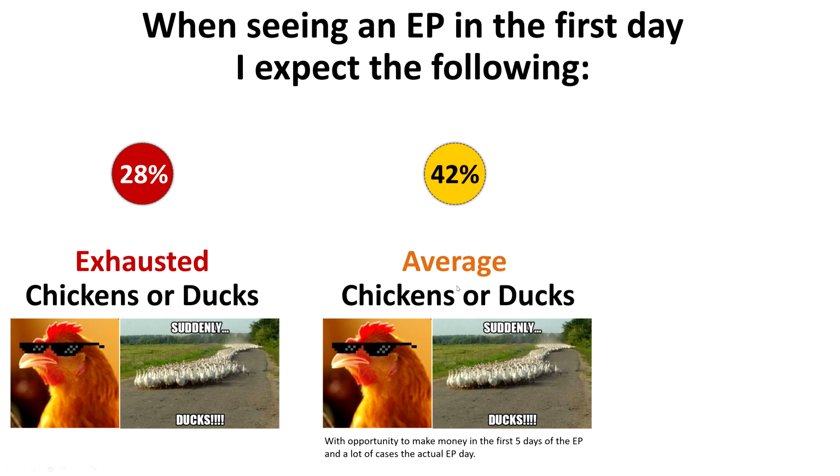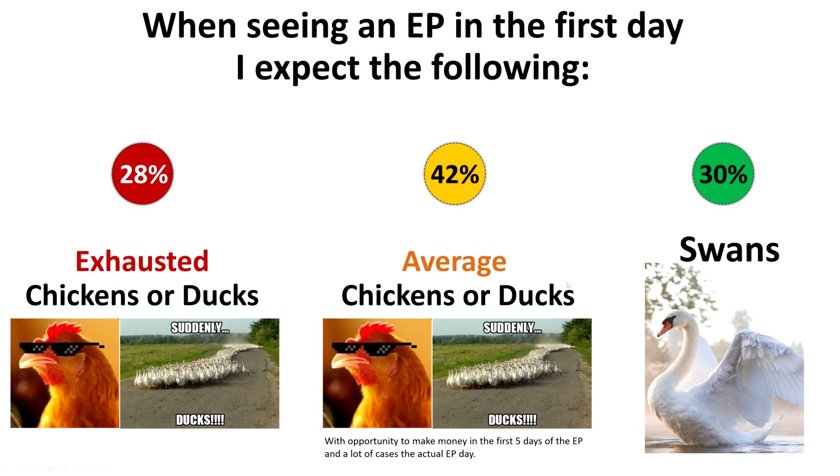Of course, you have to have good entry skills and daily skills to trade this, to be able to take profits. But this is happening, and of course 30% are swans, so overall 72% of stocks are tradable in the first week. And in some situations you have to close fast because they are average EPs that could possibly fade very soon.